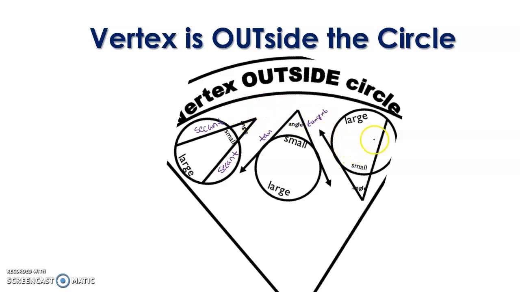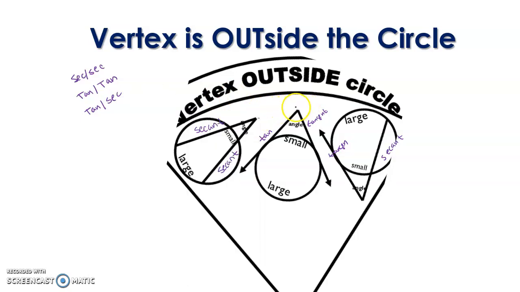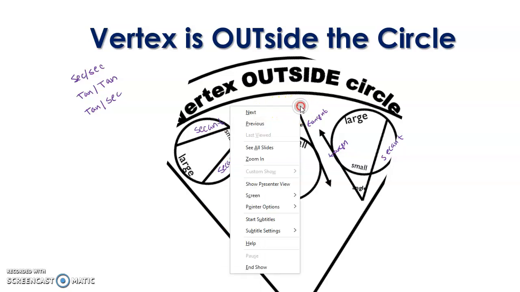And in the third one, we've got a secant and a tangent. So if we have secant, secant, tangent, tangent, or tangent, secant, we end up with our vertex of our angle on the outside of the circle.